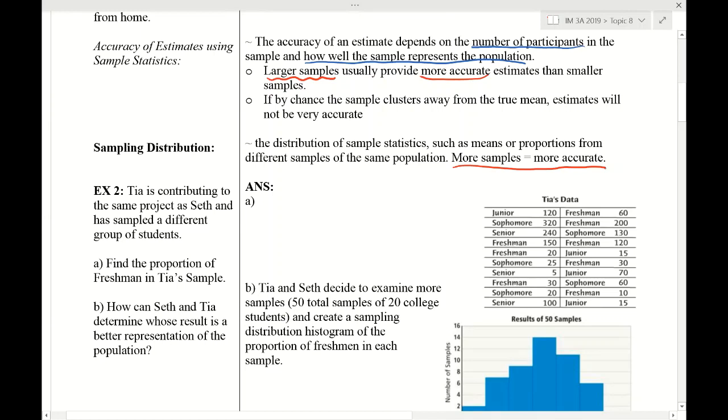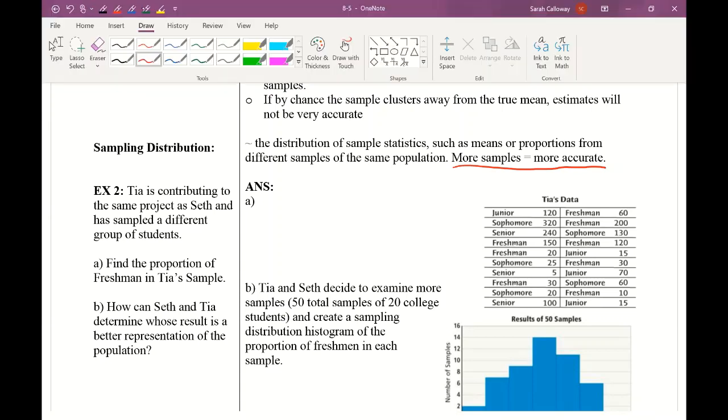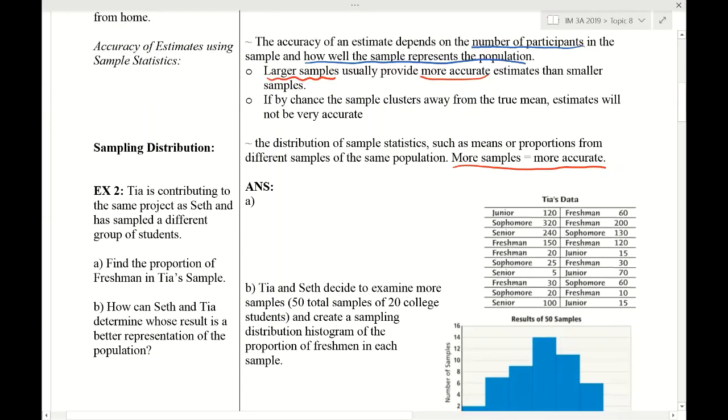So in example 2, Tia is contributing to the same project as Seth and has sampled a different group of students. So Tia has the same questions, and we're going to look first at the proportion of freshmen in Tia's sample. Tia's sample also has 20 people in it, and she talked to 1, 2, 3, 4, 5, 6, 7, 8 freshmen.